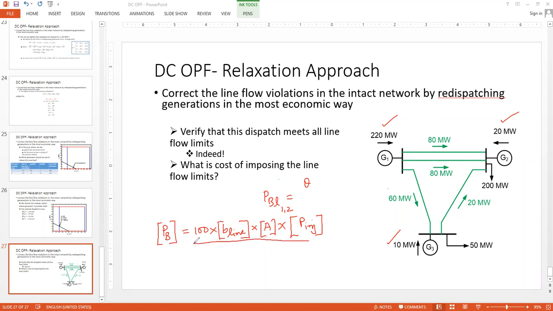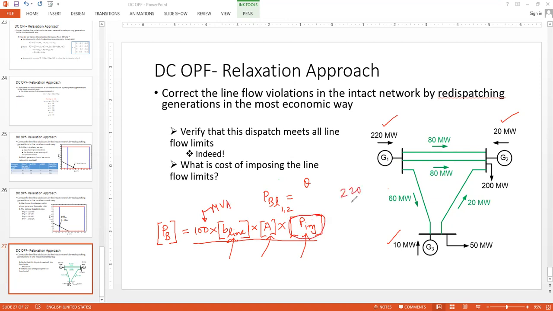B line is taken from the line parameters. A is the node incidence matrix; as long as the line connections are all intact relative to the base case, A will remain constant. 100 is coming because of the MVA base. So only the P injection is updated.